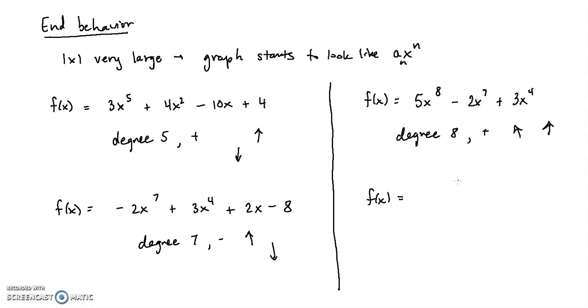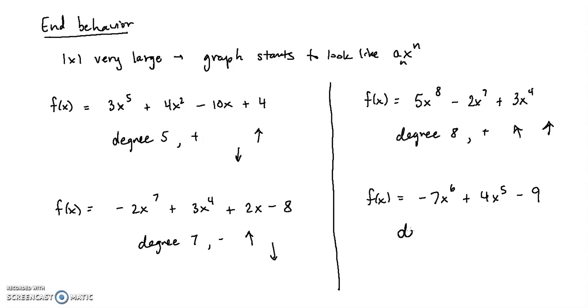And then our last possible scenario would be, let's say, something like negative 7x to the 6th plus 4x to the 5th minus 9. And again, we're going to look at the first term, looking right here.